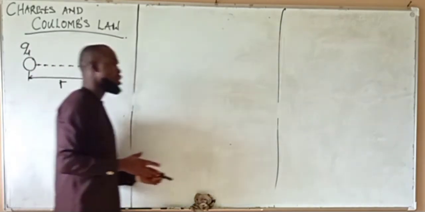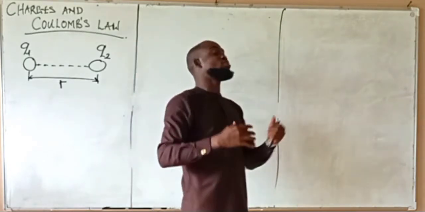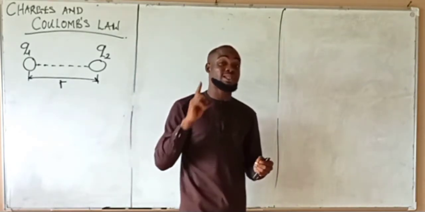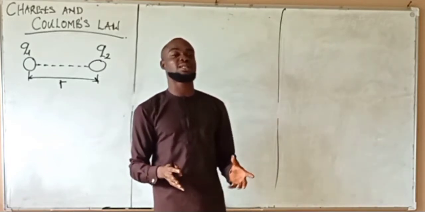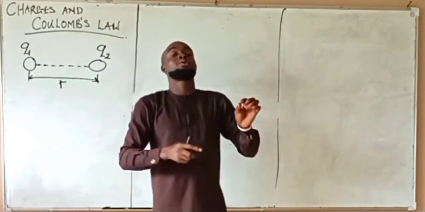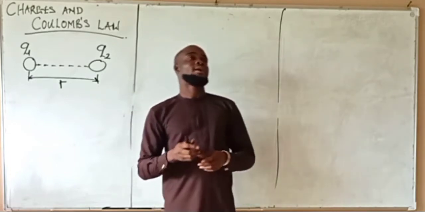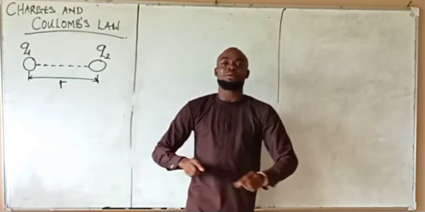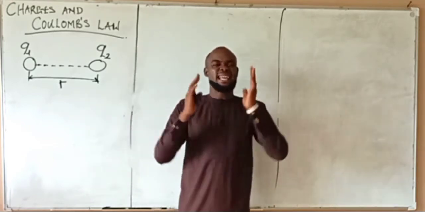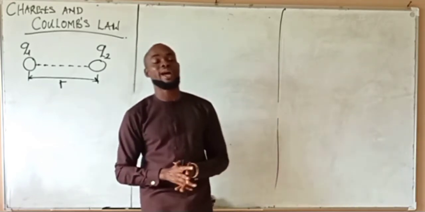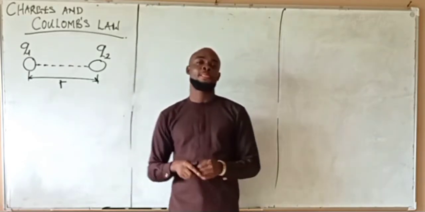of attraction or repulsion between two. Take note of that two. Between two charged bodies, not any half body, is directly proportional to the product of the charges and inversely proportional to the square of their distance apart.